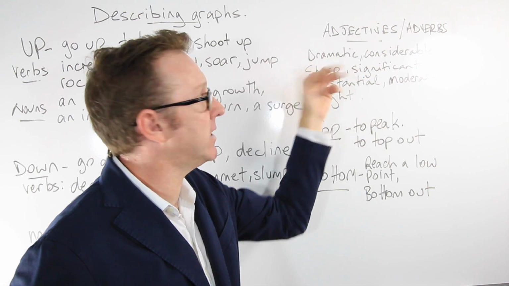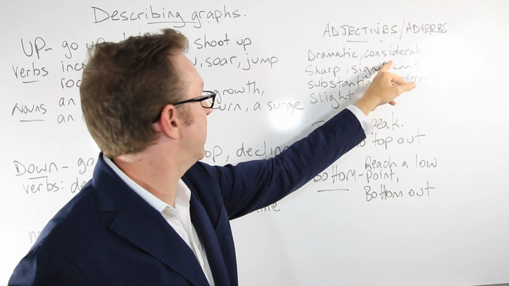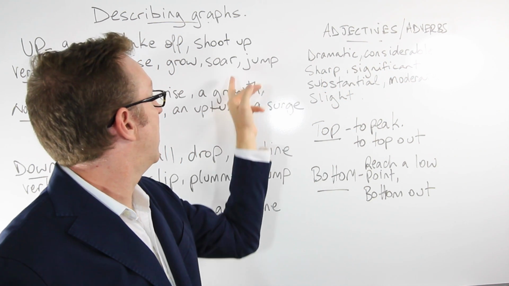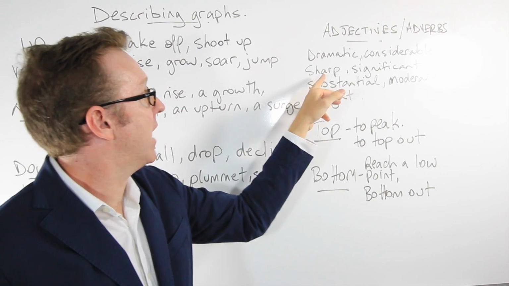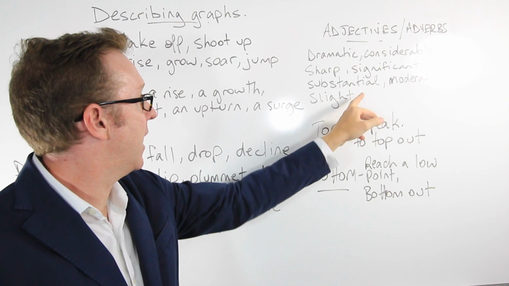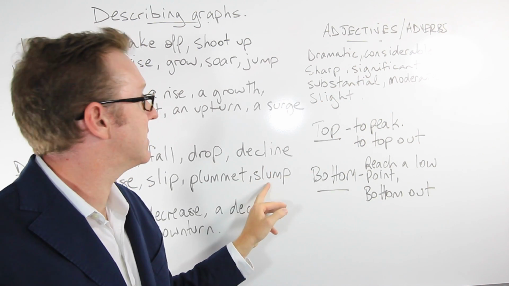So we use an adjective and a noun. A dramatic increase. A considerable decline. A sharp rise, for example. A sharp rise, we could say. We could also say a substantial decline or a substantial slump.